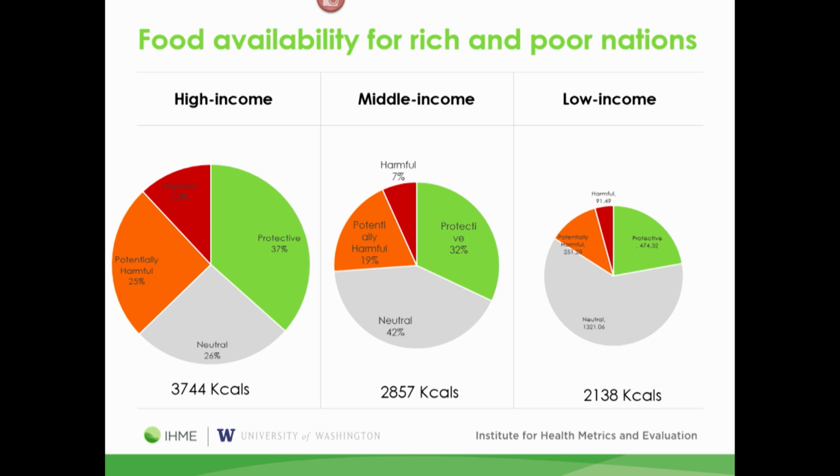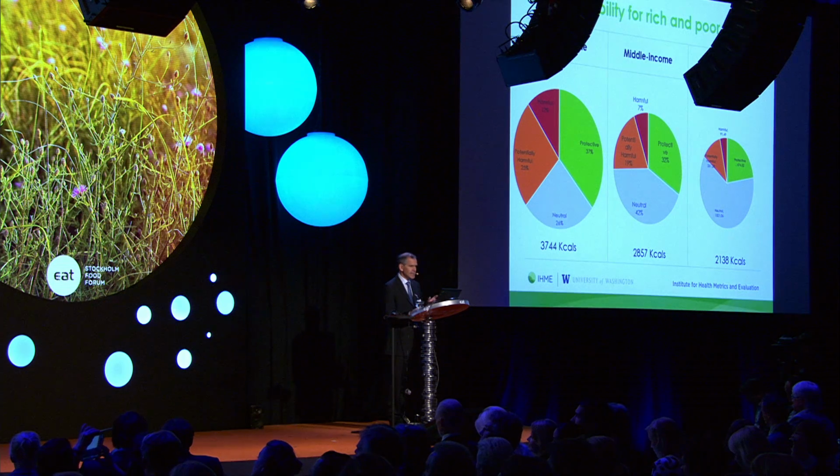But there's also a larger fraction of harmful things like red meat. So we have a little bit of both, and there's much more neutral calorie consumption in low-income countries. Also notice the size of the pies, that caloric availability in the high-income world is almost 3,800 calories, and in the developing world, or the low-income countries, we're still just above the minimum requirements, so 2,100 calories.